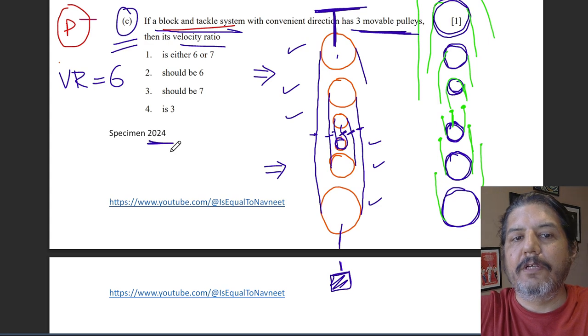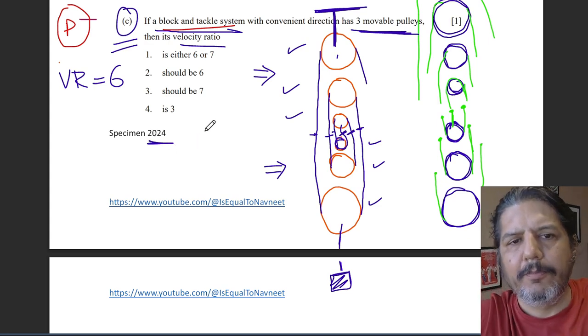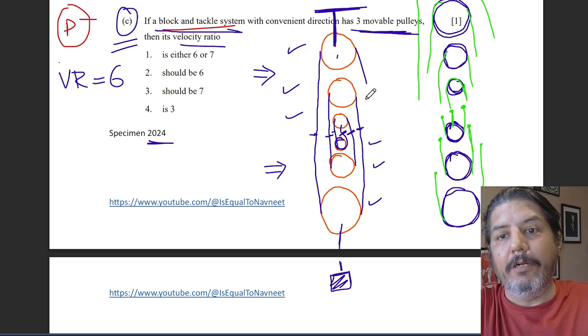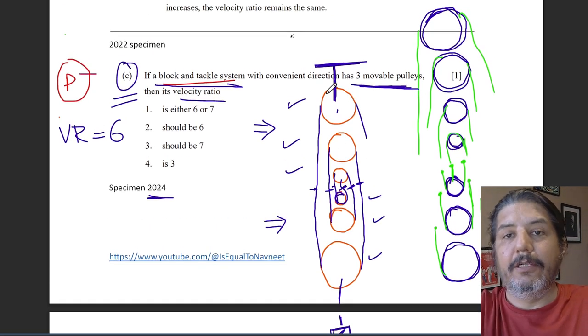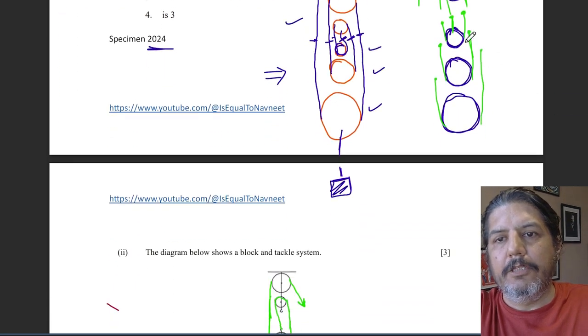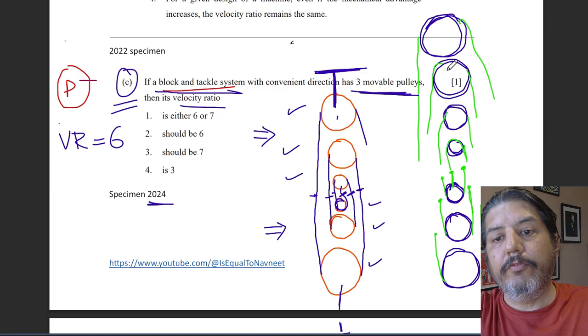This was a question which was asked in specimen 24. I think in another specimen paper, this question was asked. So velocity ratio can be 6 in the first case. That's why this is a good question. But then there is another configuration you can have where there are 3 movable pulleys down, and there are 4 fixed pulleys above.